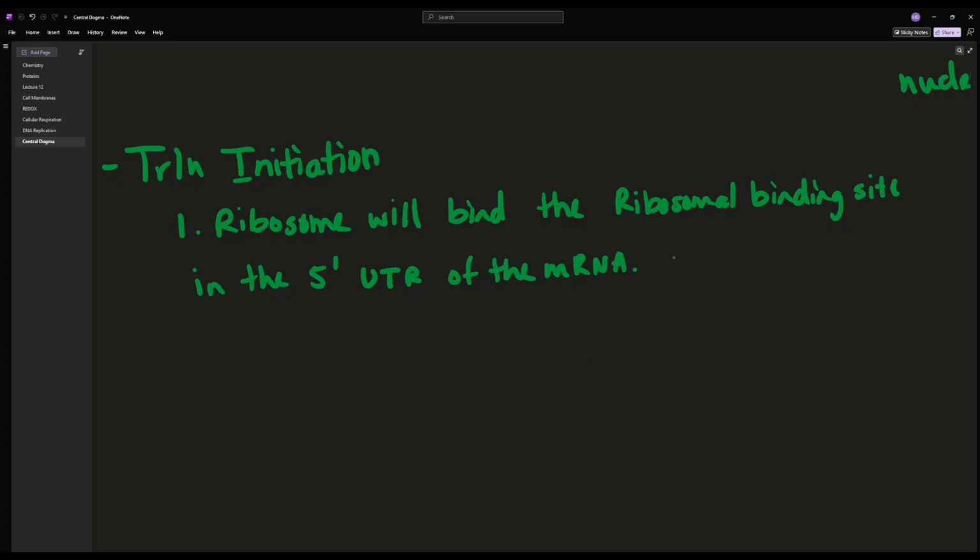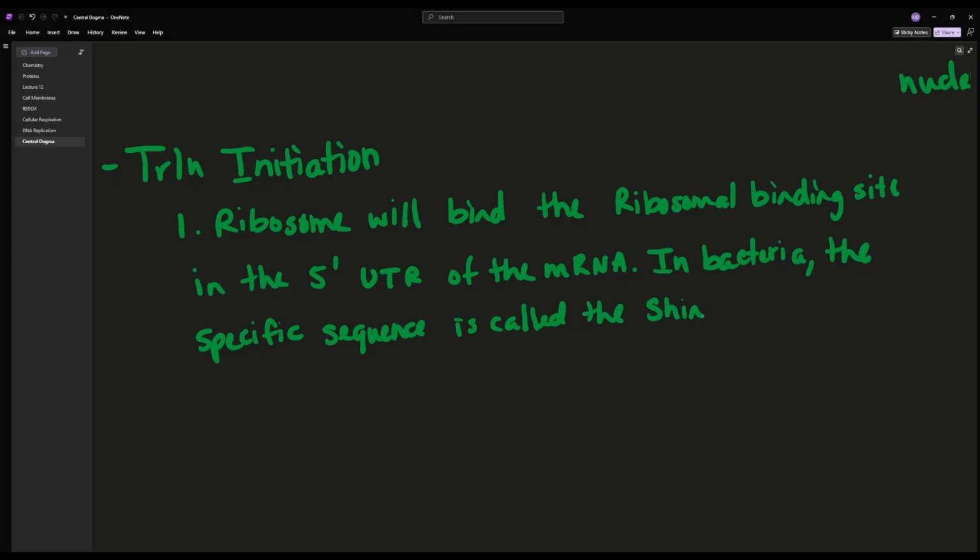In bacteria, this specific sequence is called the Shine Dalgarno. I think that's how to spell it. The Shine Dalgarno sequence.